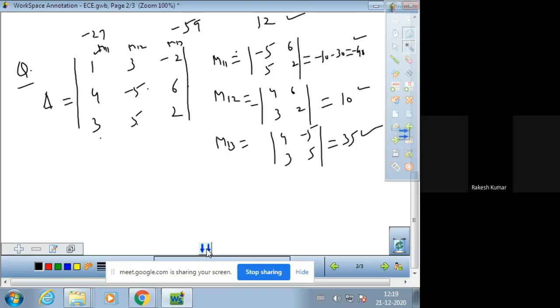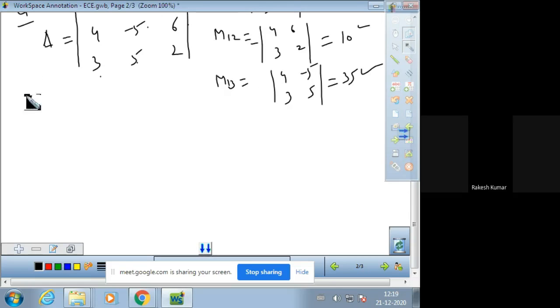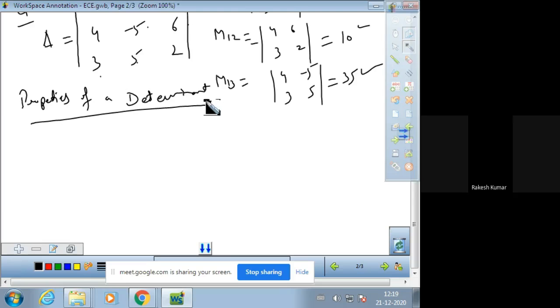So now you all know the properties of a determinant. Now let us see the first property.